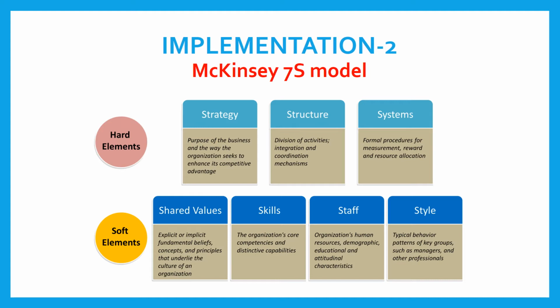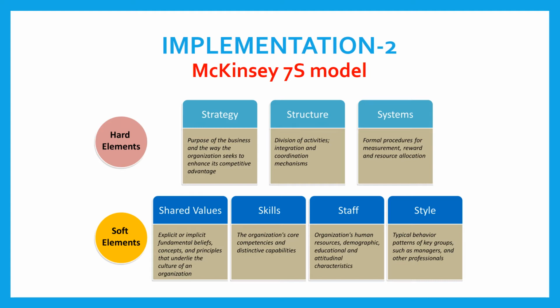This model was developed in the late 1970s by Tom Peters and Robert Waterman. They were former consultants of McKinsey and Company. They identified 7 elements of an organization that need to be aligned for the success of the organization. These 7 are internal to the organization.